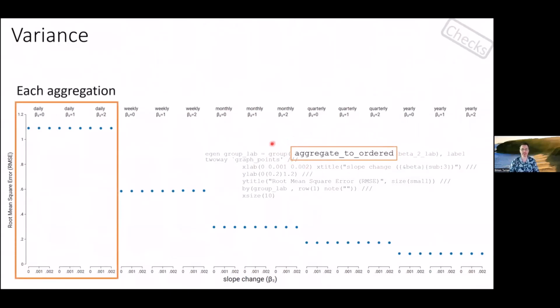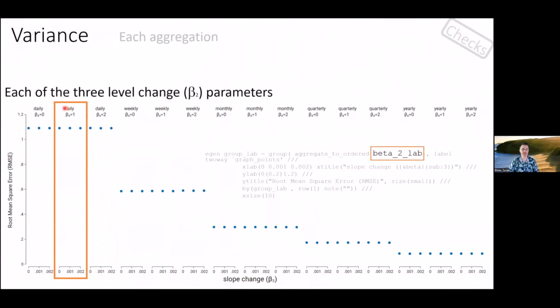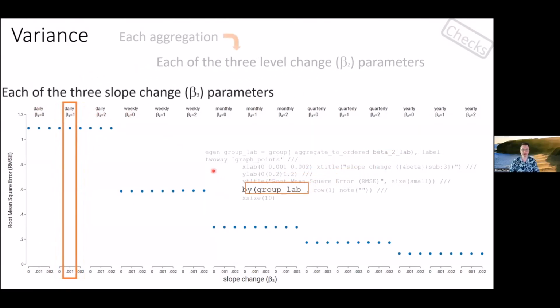Firstly, I'm looking at our aggregation: daily, weekly, monthly, quarterly, and yearly. Within each of those aggregations, I'm looking at the 3 different level change parameters we chose, 0, 1, and 2. And within each of those, I'm looking at the 3 different slope change parameters.